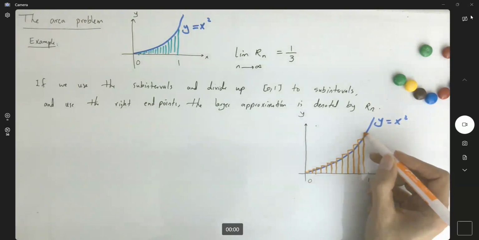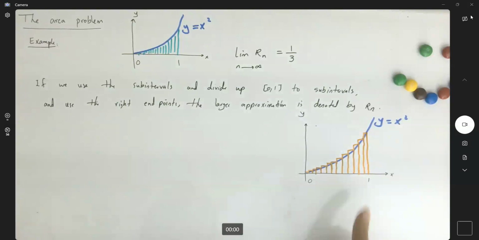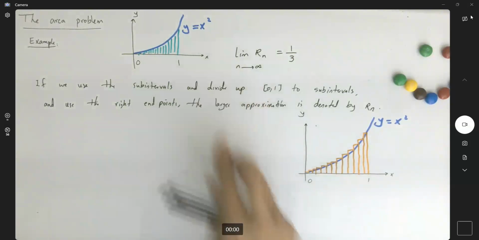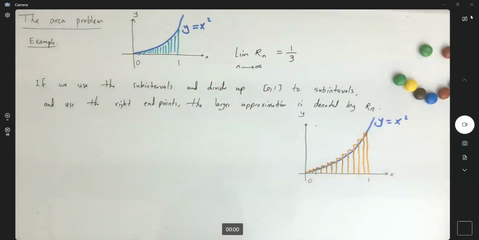That's why we have larger rectangles. So if we add these together, suppose these are very small, the limit as these sub-intervals are getting smaller and smaller is going to be a third.